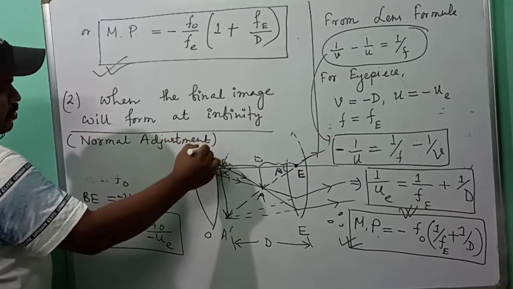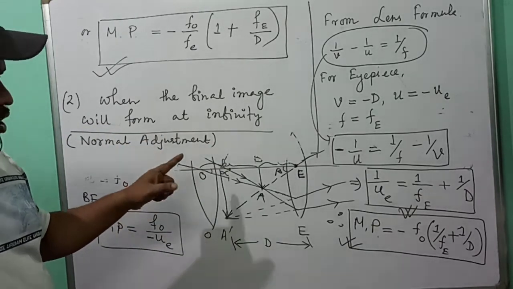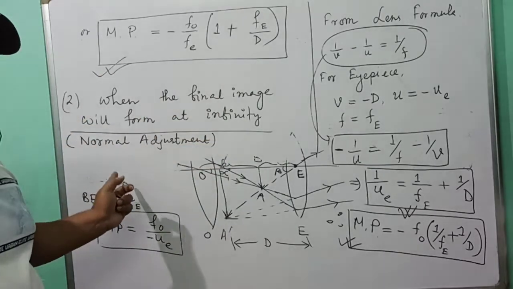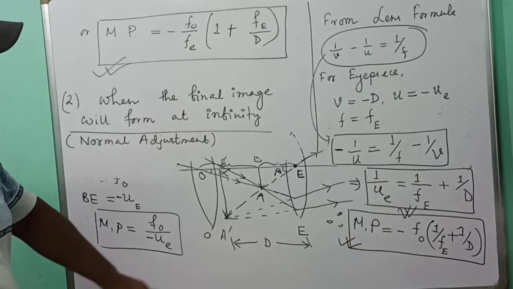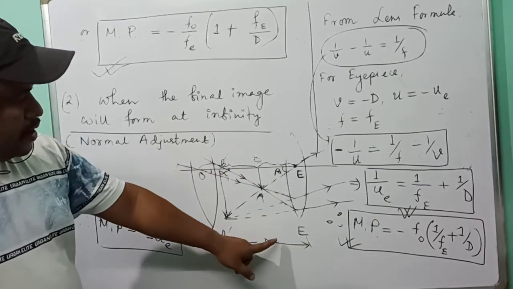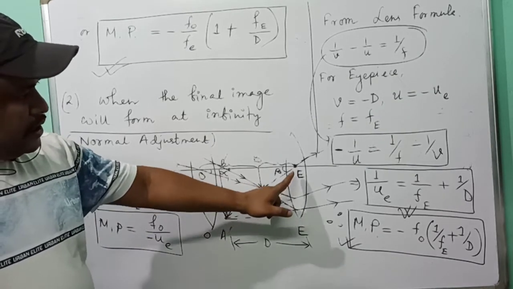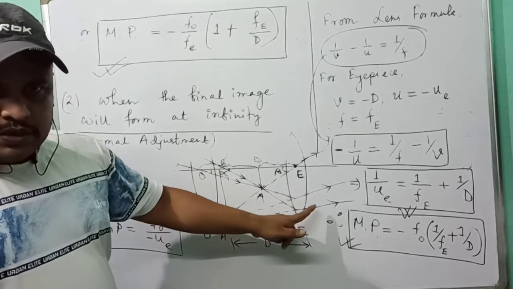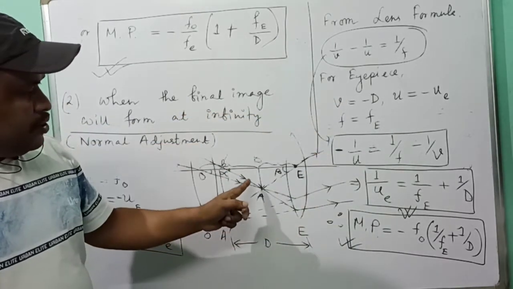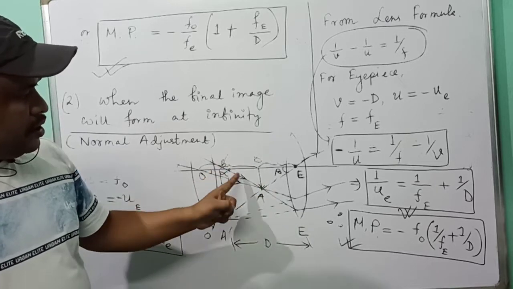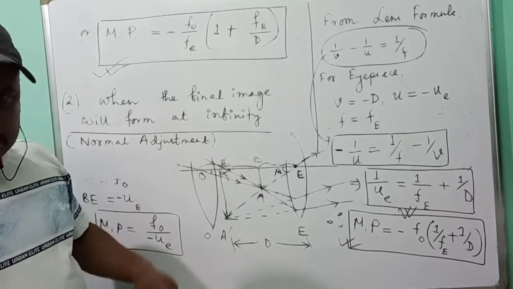So when it is considered as normal adjustment, your final image will form at infinity from the eyepiece lens. Now when the image forms at minimum distance of distinct vision, the final refracted rays diverge, because of that we are getting the virtual image of AB, which is A dash B dash.